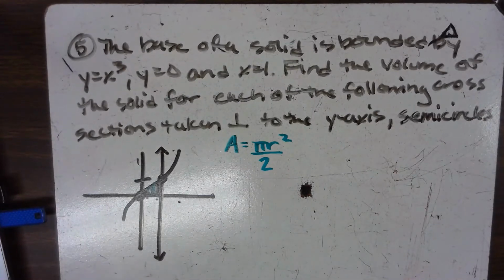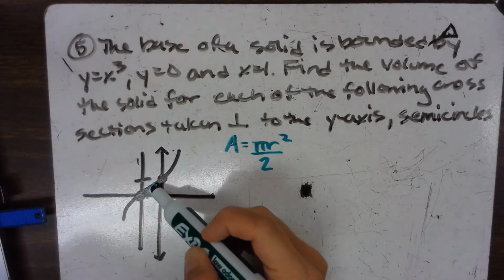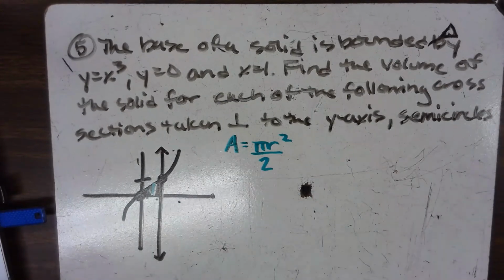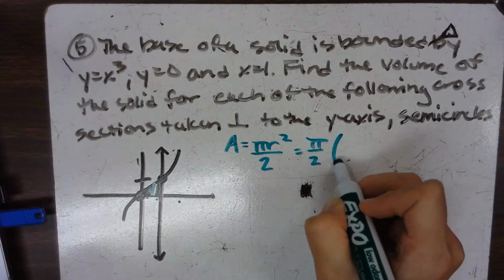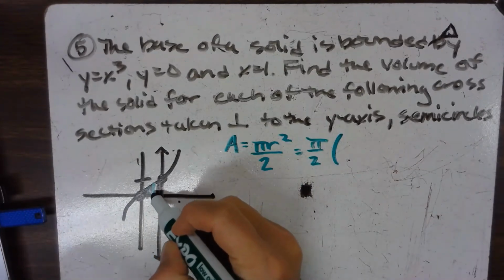All right, now we need to think of the whole thing as the diameter. You just want half of it for the radius. So you've got to be very careful on that. So pi over 2. And the radius, think the top minus the bottom.